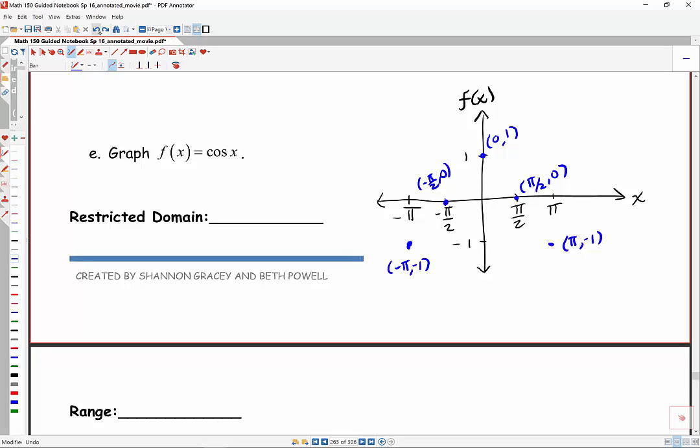And again, at negative pi over 4, we'll be at about positive 0.7, and then at pi over 4, we'll be back up there again.